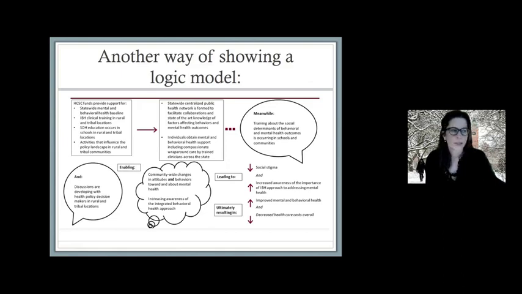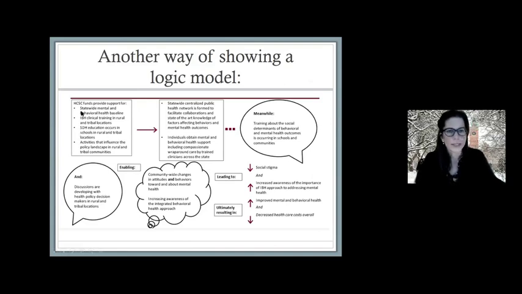Another way of understanding this is by developing a schematic like this, where you start out with a description of what your inputs are. Here on this slide is a logic model that I developed for a grant we were putting together recently on campus.